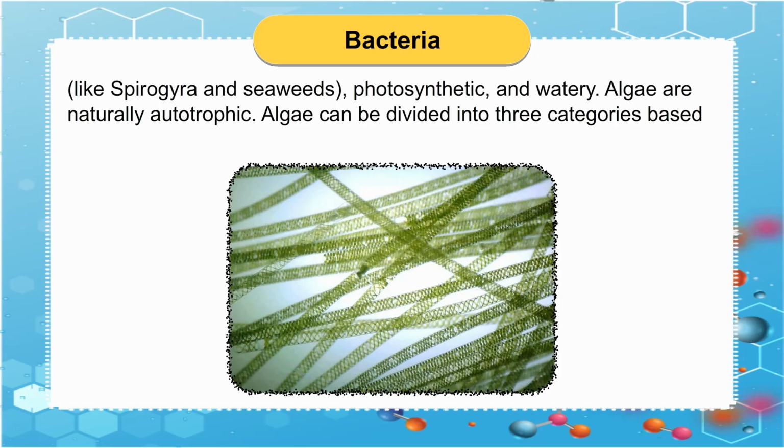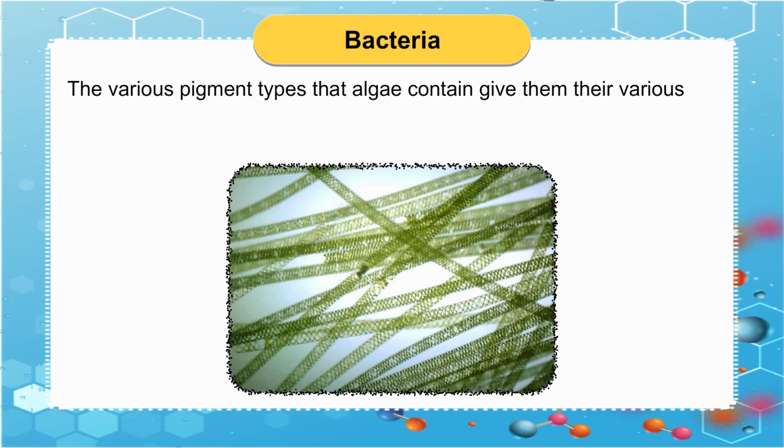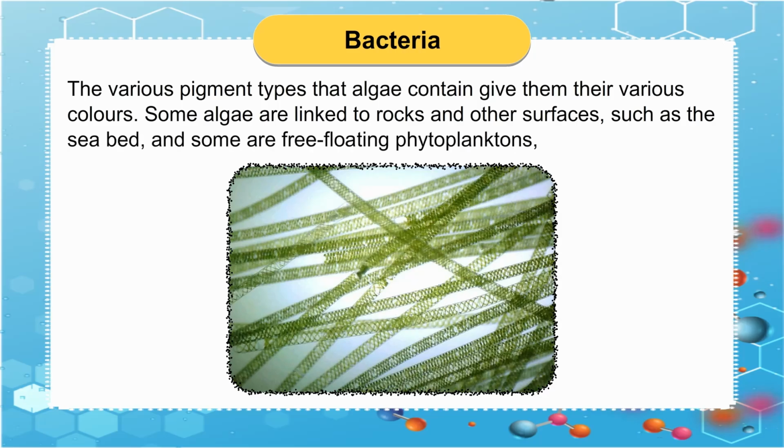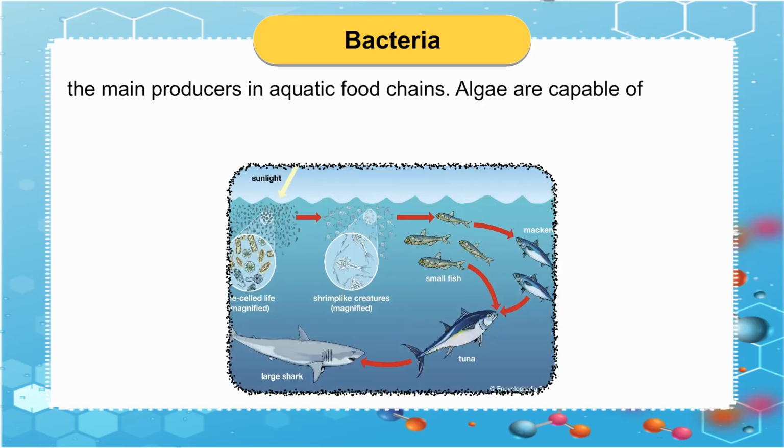Algae can be divided into 3 categories based on color: red, brown, and green. The various pigment types that algae contain give them their various colors. Some algae are attached to rocks and other surfaces, such as the seabed, and some are free-floating phytoplankton, the main producers in aquatic food chains. Algae are capable of both sexual and asexual reproduction.